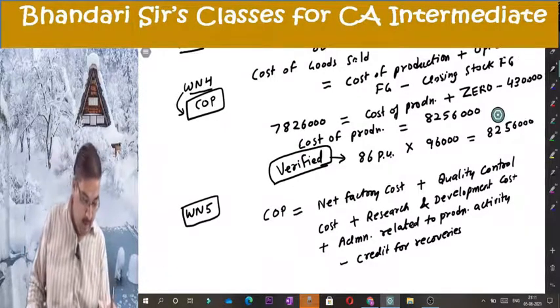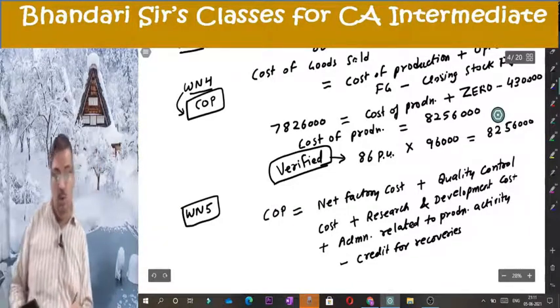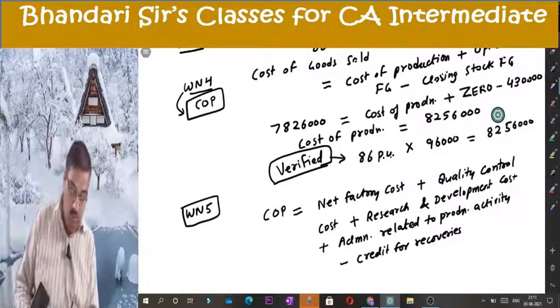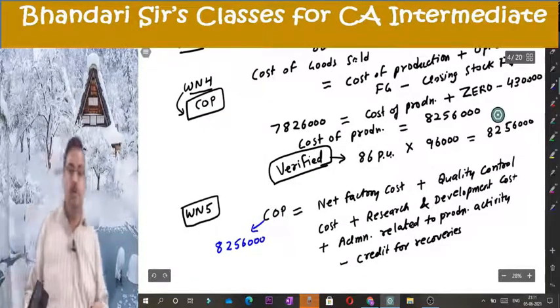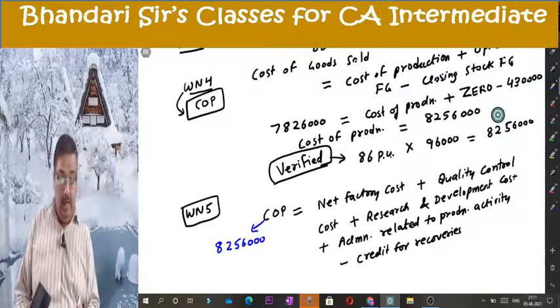Let me put every known figure. Cost of production I know, 82,56,000. Net factory cost I need to calculate.